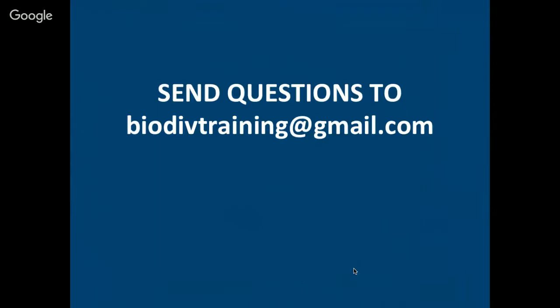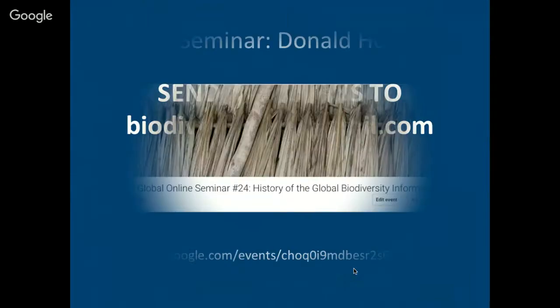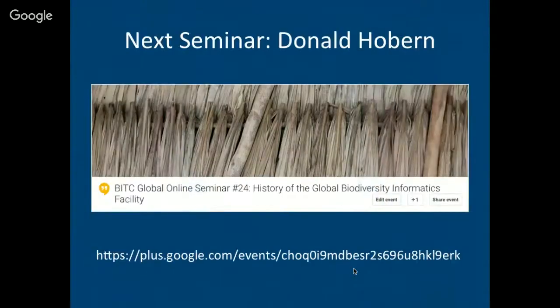Before I close, I will point out we have a next chapter in our history series. Donald Hoburn, the executive secretary of the Global Biodiversity Informatics Facility, has agreed to give the May seminar. So this will be the last Thursday in May, and the seminar will be about the history of GBIF.